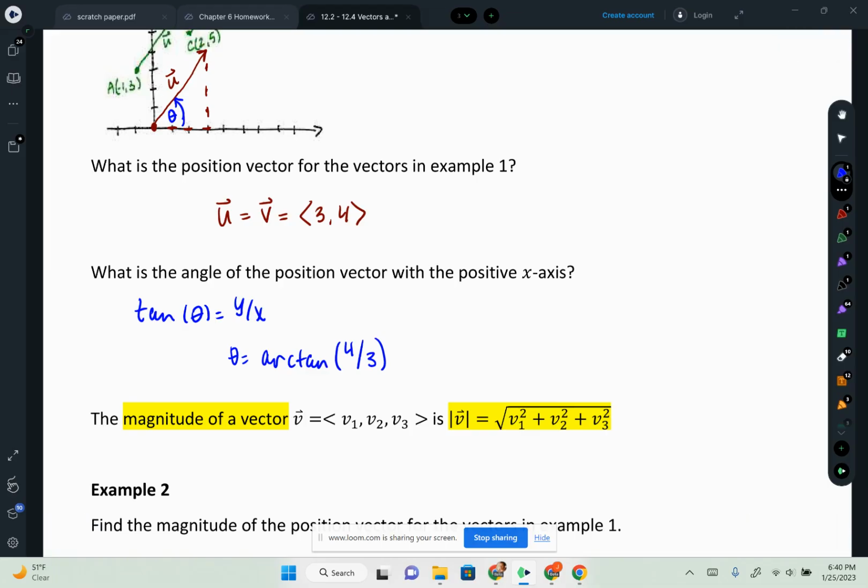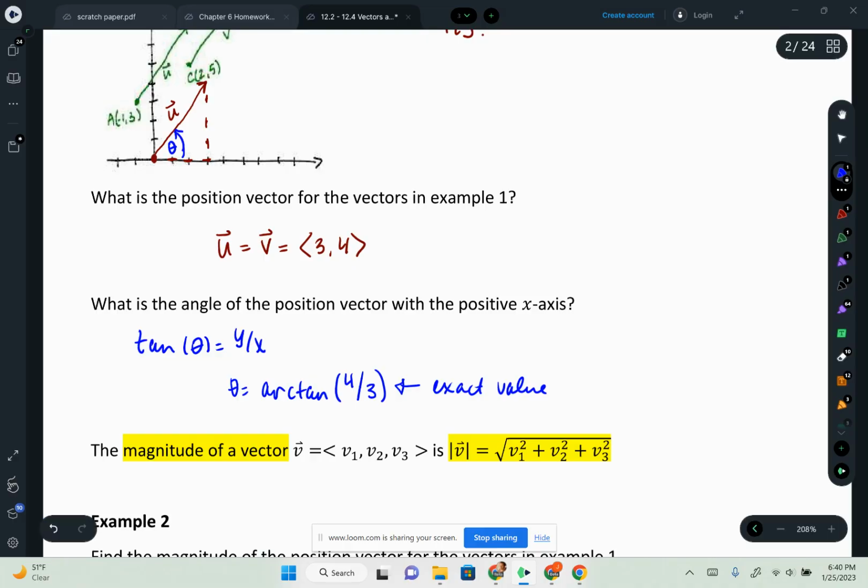That doesn't give us a pretty value, so we just call that an exact answer and don't worry about an approximation for now. But if you wanted to, you could always plug this into your calculator to get an approximate value. For now, we know this is an exact value. And one thing I can say is it is a value that is less than 90 degrees because it is in the first quadrant. So at the very least, I know that.